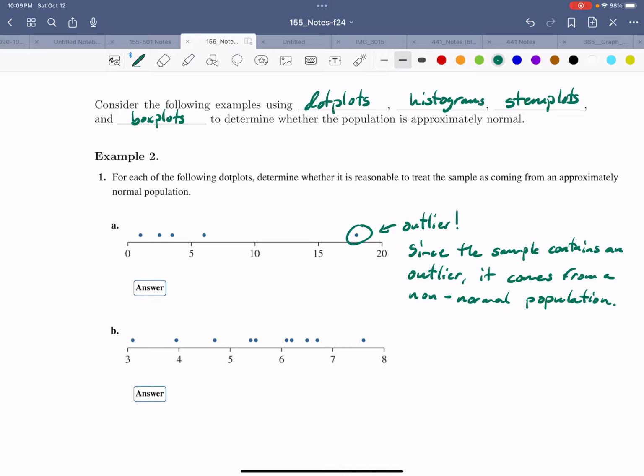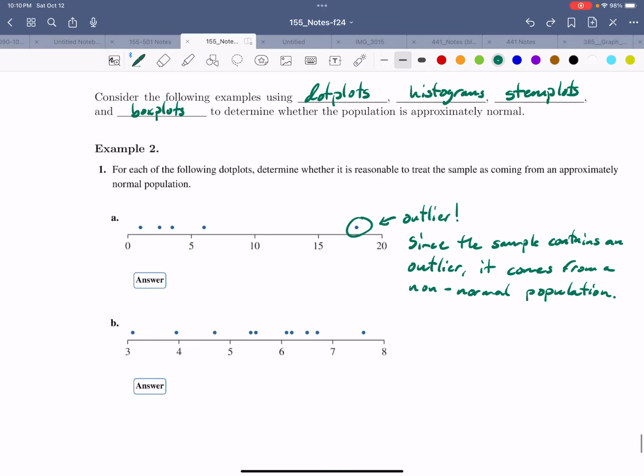Now compare that to this one over here. Are there any outliers? No. Again, we're just eyeballing this stuff. There's no formula or anything. We can just tell there are no outliers. Is there any skewness? No. Is there really bimodality or anything like that? No. So we'll say there are no outliers, there's no skewness, and the sample is unimodal.